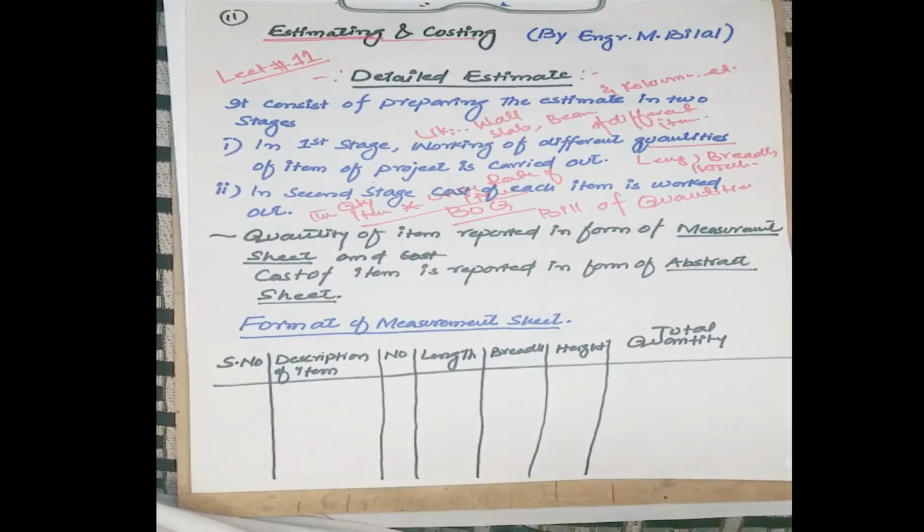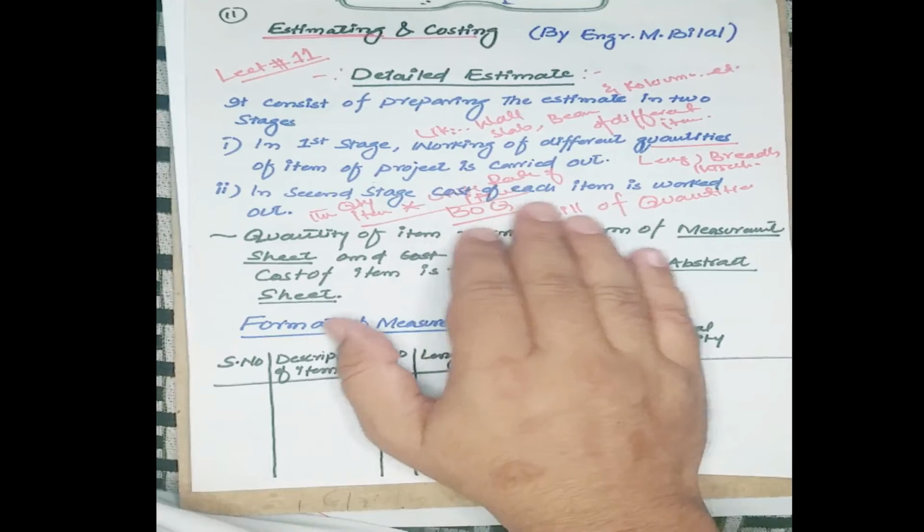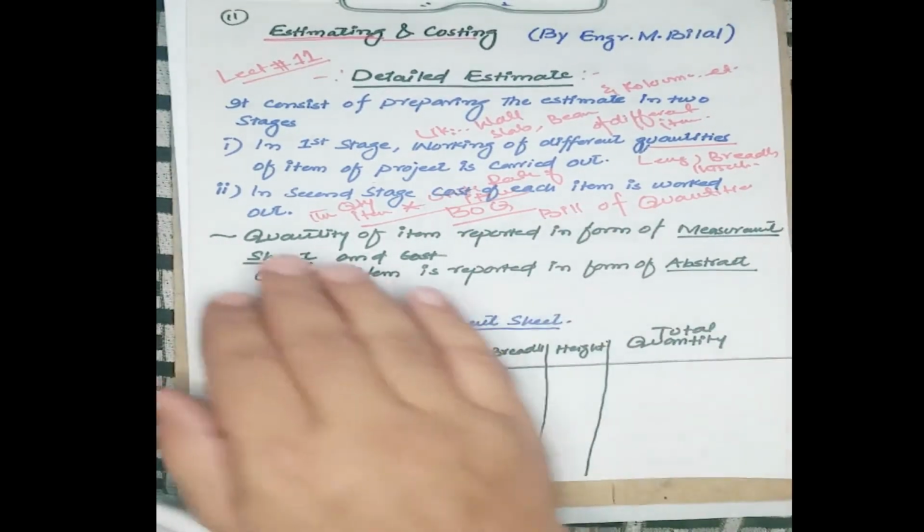So in the second stage, the cost of each item is worked out.